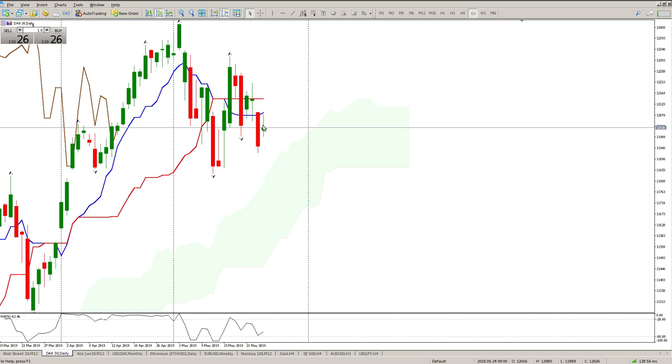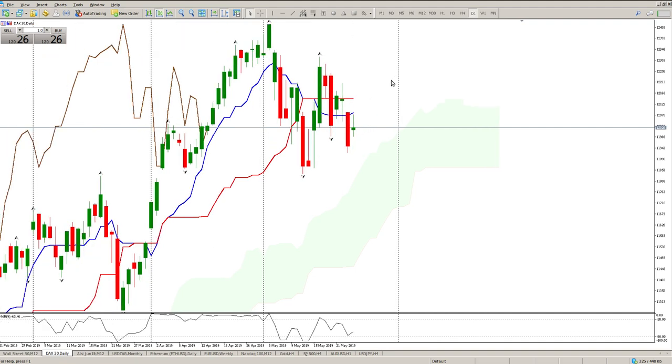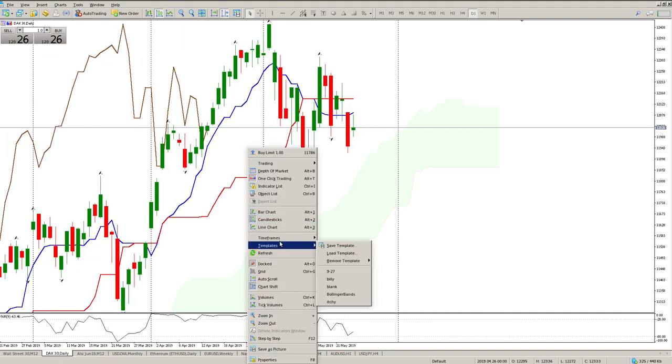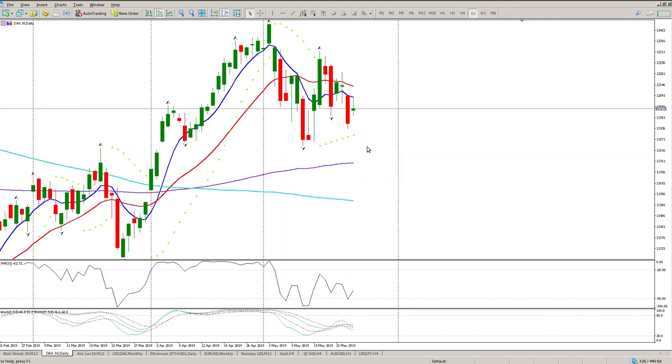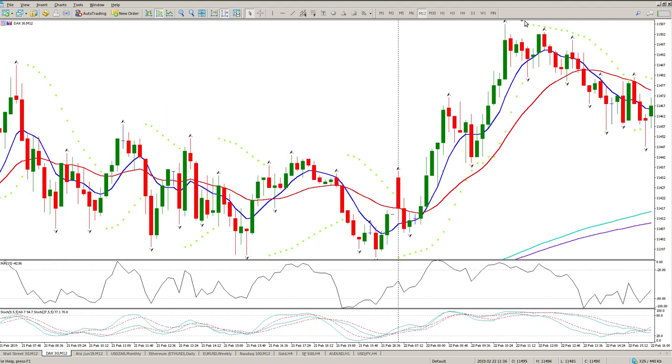This inside bar here is rather interesting, as are these two inside bars here. But anyway, very messy price action at the moment, and nothing is lining up to indicate that you need to be long or short at the moment, because there are mixed signals all over the place.